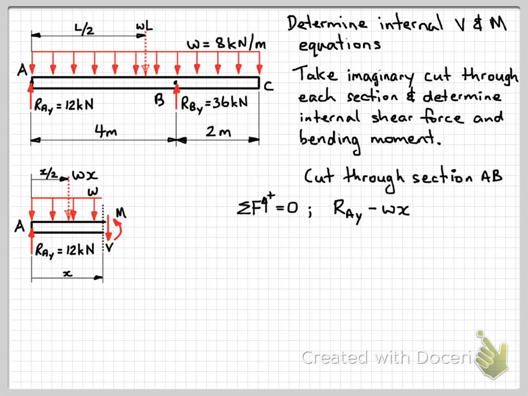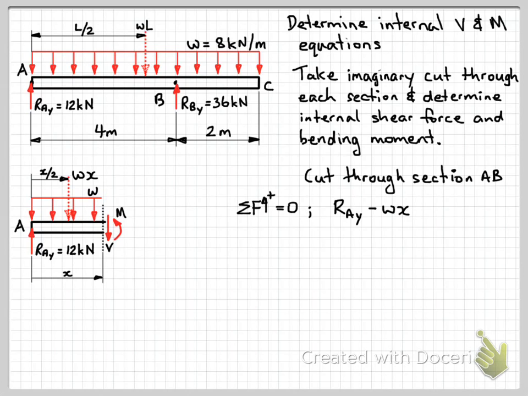Now just pause at this point. A common mistake that I see a lot of students make is when they draw this free body diagram, rather than including the distributed load over this portion of the beam, they'll draw the beam just with the equivalent force for the entire distributed load, and so they won't have any loading shown on here.